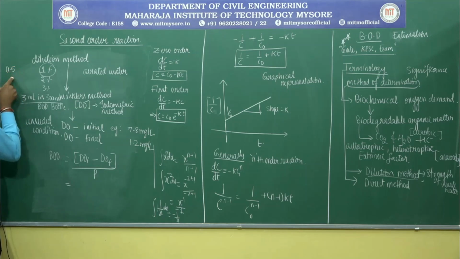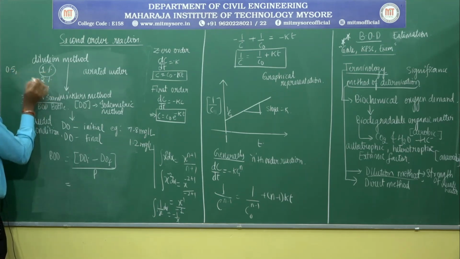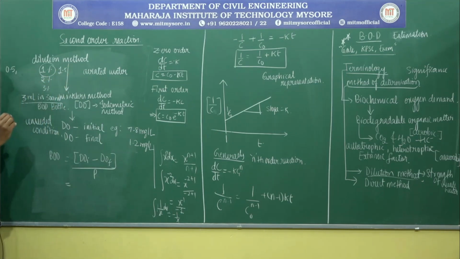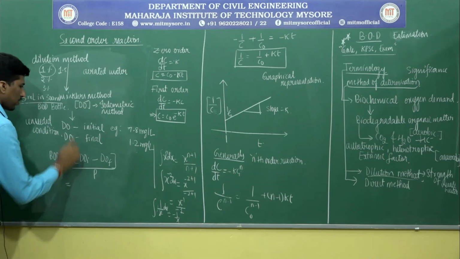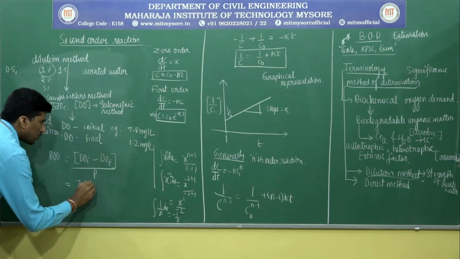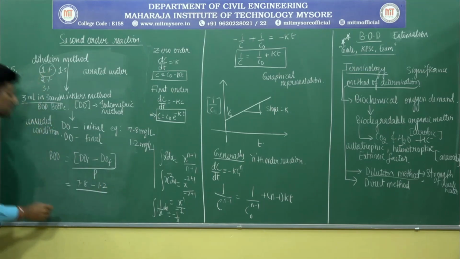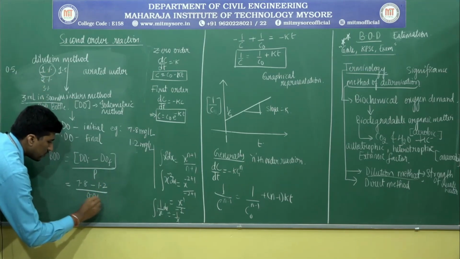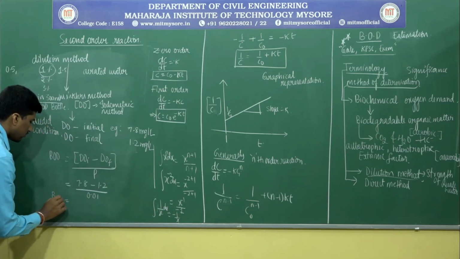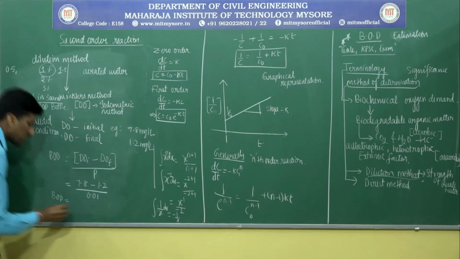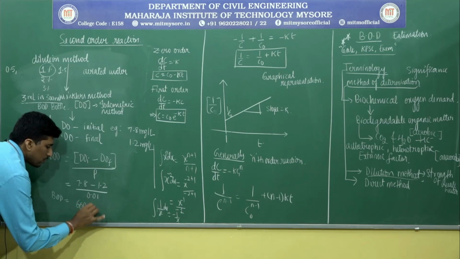If the wastewater is strong, we take 0.5, 1, 1.5, 2, 2.5, 3, and so on. For the determination of BOD, for example, 7.8 minus 1.2, with the dilution factor in percentage taken as 0.01, how much is it? 7.8 minus 1.2 gives you 660 mg per liter.